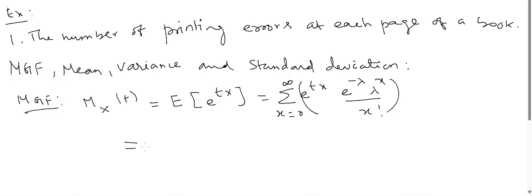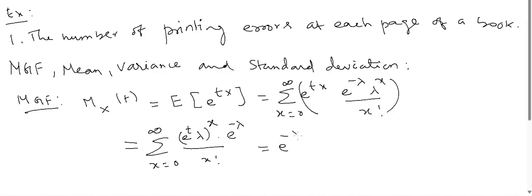That equals the summation over x equal to 0 to infinity of e power minus lambda times e power t lambda, the whole power x, by x factorial. Taking e power minus lambda outside, we have summation x equal to 0 to infinity of e power t lambda to the power x by x factorial.